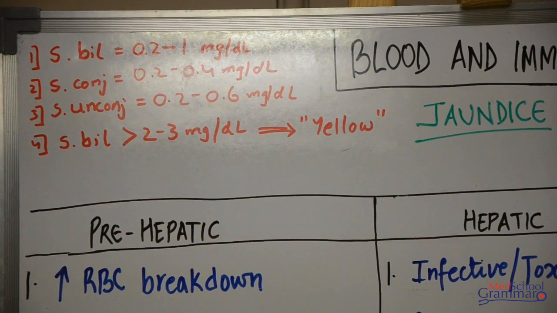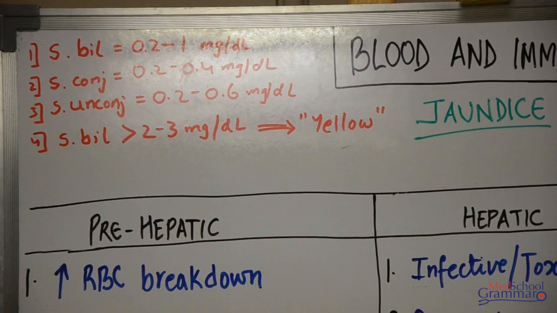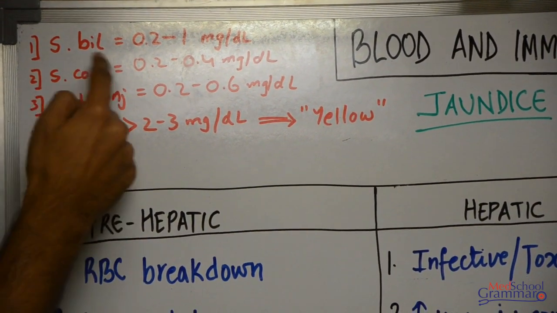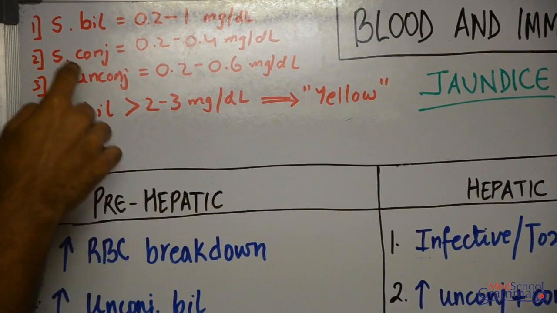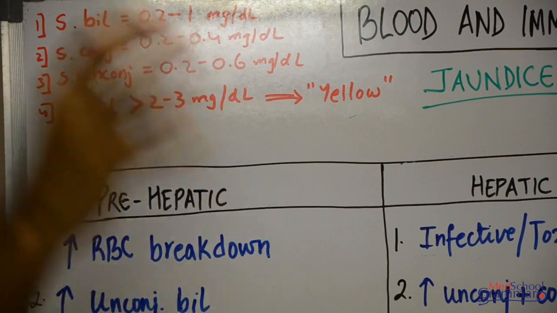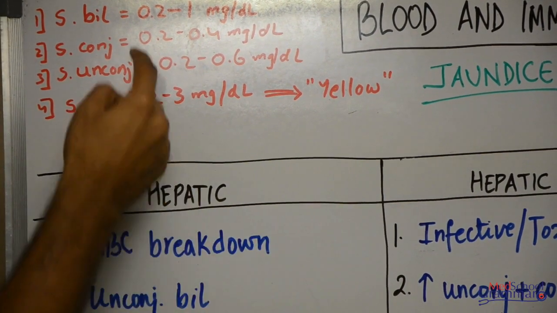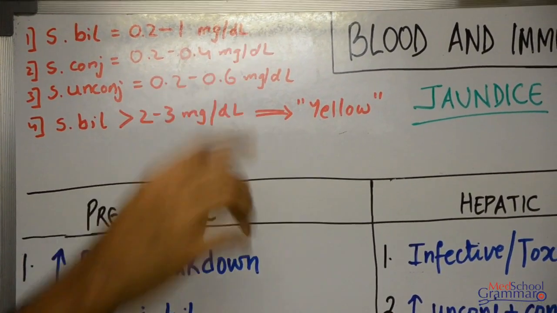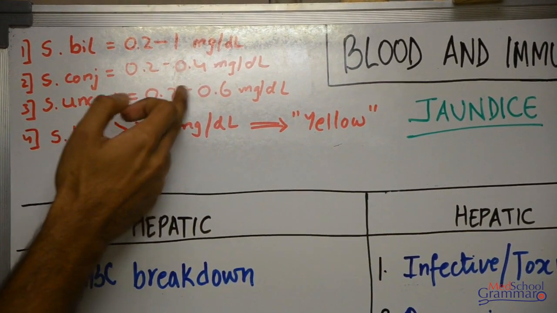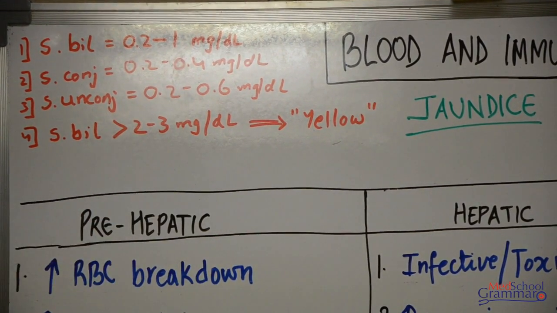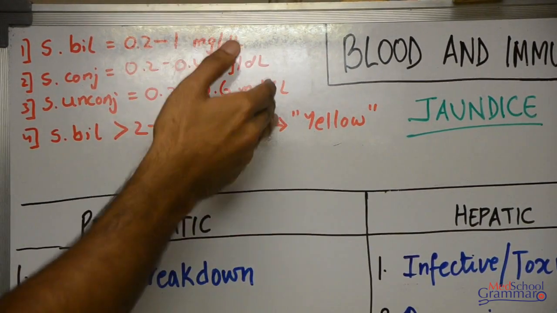We've already seen what unconjugated means and what conjugated means. Serum conjugated bilirubin is about 0.2 to 0.4 milligrams per deciliter, and serum unconjugated is 0.2 to 0.6 milligrams per deciliter. These are the normal levels.